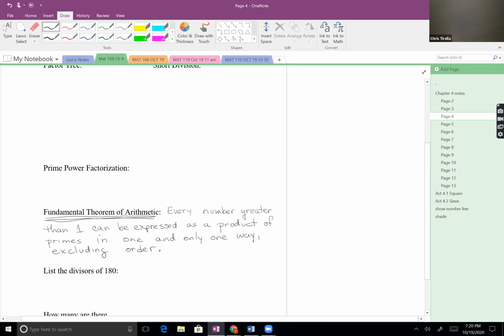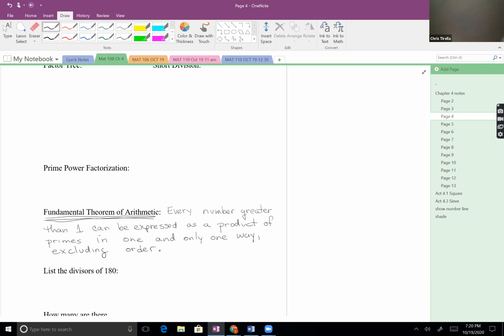So every number bigger than 1 can be expressed as the product of primes in a unique way. The only way we can get different representations is if we change the order, but those prime factors would always be the same.